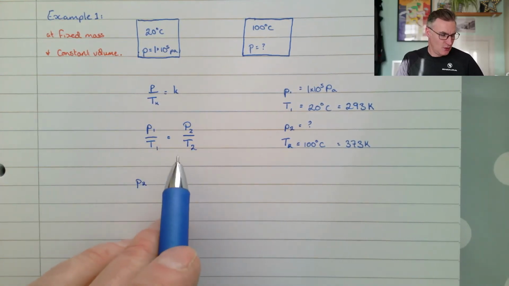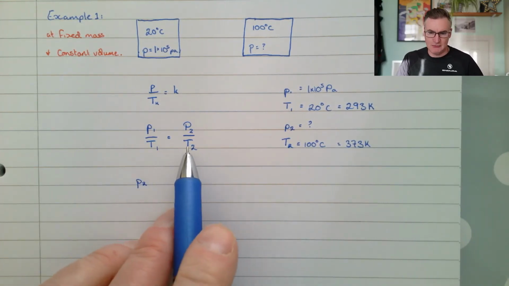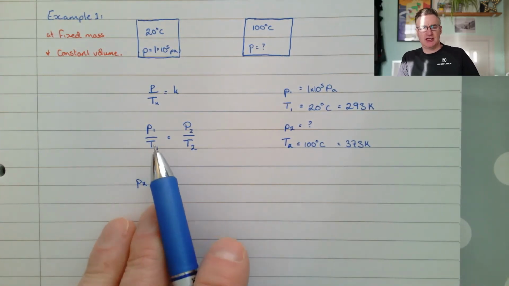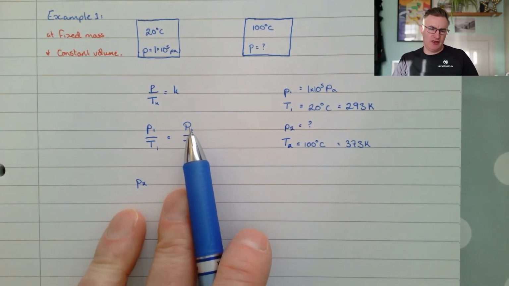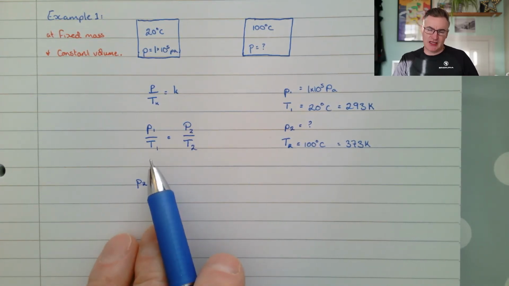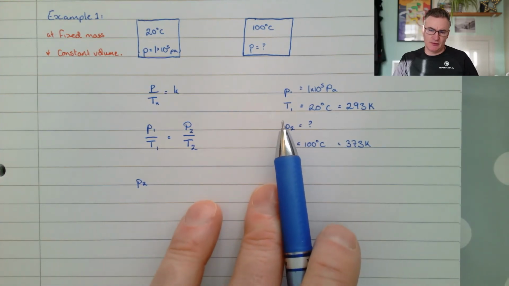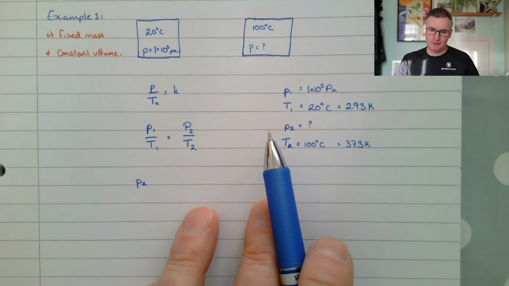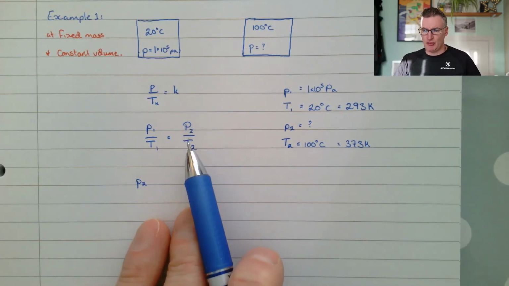So what we just need to do is cross multiply. Now, if you remember, the rule for cross multiplication is you can move a variable from one side of the equals to the other side of the equals, but it must move diagonally. To find the variable that we want, in this case P2, it must be on its own and on the top. It's already on the top, but it's not on its own.